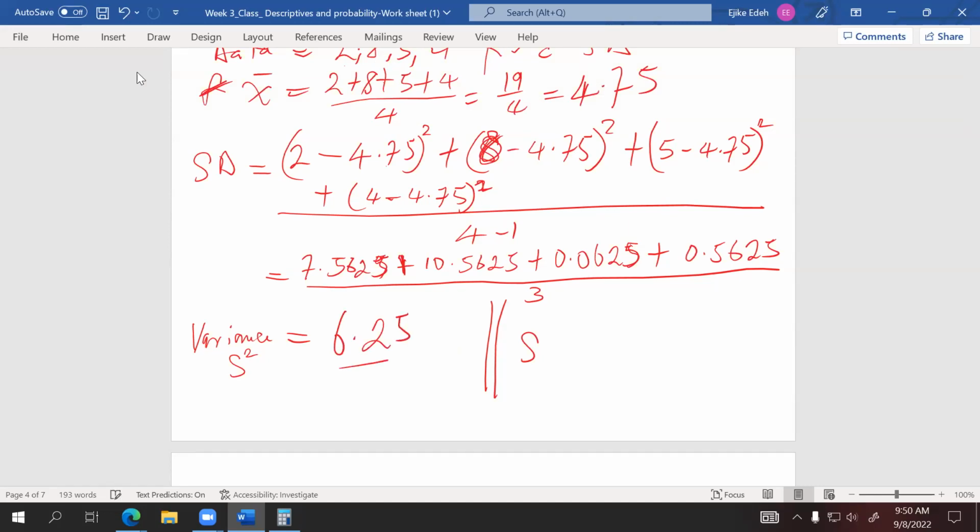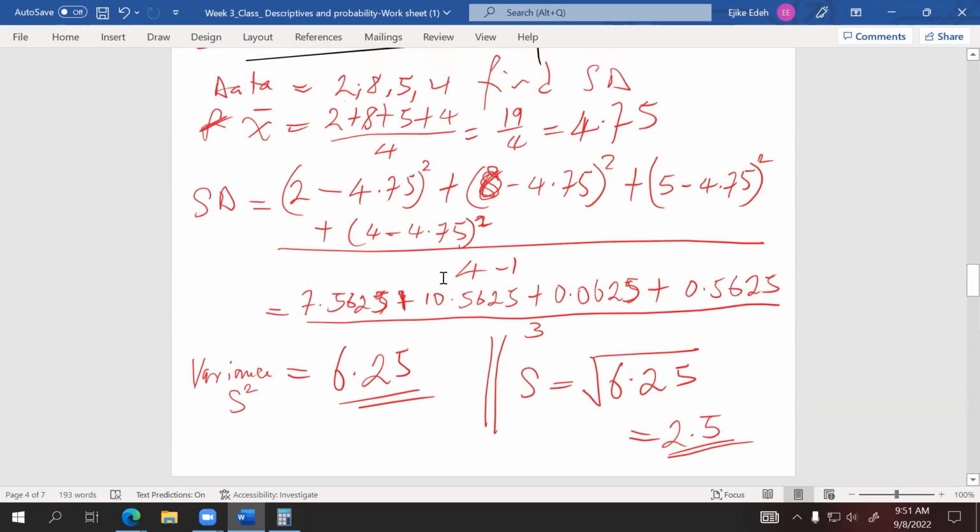If anything turns out to be wrong, I believe you're following the process, and that is what is important here. So the standard deviation would then be the square root of the variance, 6.25, and that gives us 2.5. Yeah, thank you. So we have that as the answer. Any question here?